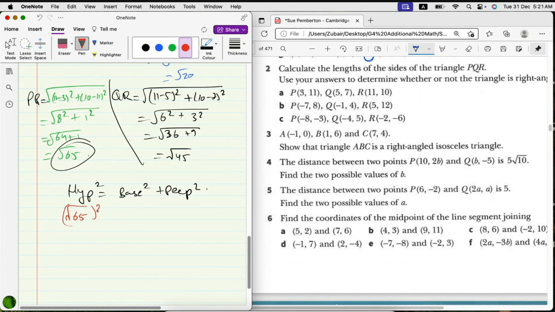So the longest side squared is equal to the sum of squares of the two smaller sides. Square root cancels out with square. So 65, 45, yes, it does. So yes, that is a right angled triangle.